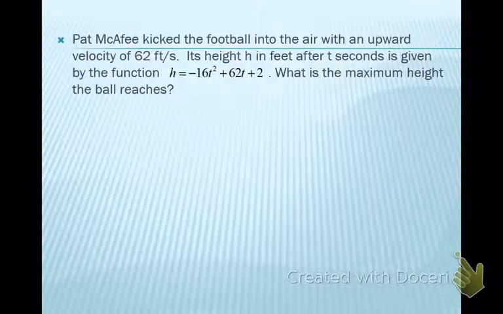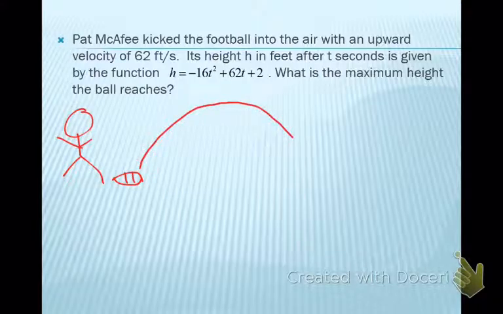Okay, well, a nice picture is always helpful for story problems. So here's Pat McAfee. He's going to kick a football. And if he kicks it, you know it's going to go up and come back down. Which is a parabola. If you look at that, it's a parabola that's opening down.